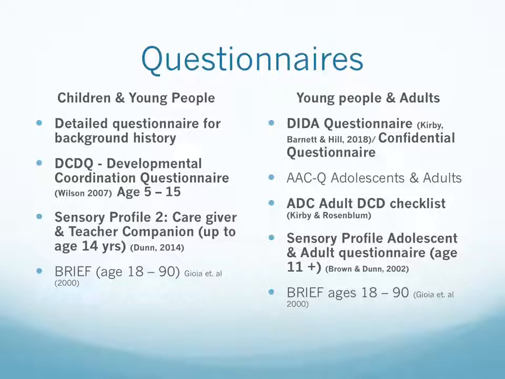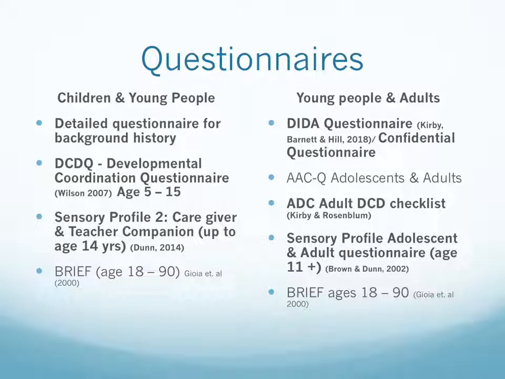On the right hand side, we'll leap back over there, we've got the ADC, the Adult DCD Checklist, which was developed by Kirby and Rosenbaum really for students going off to higher education.